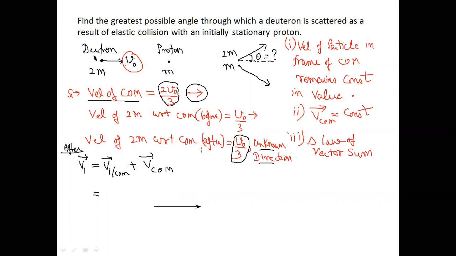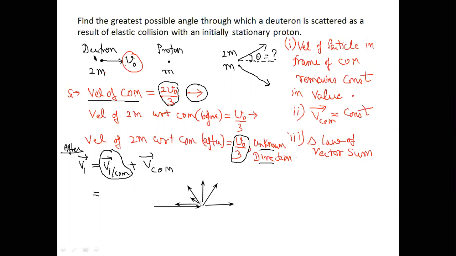Then this second vector, V1 with respect to center of mass, is unknown in direction, so I can choose its direction randomly, like this, like this, like this. It can have any direction.